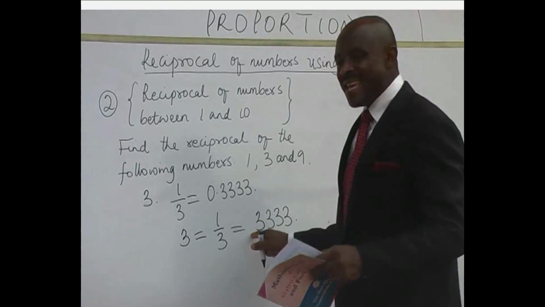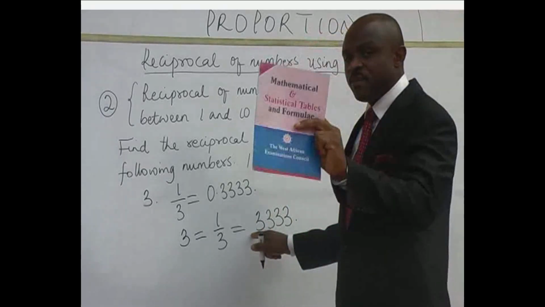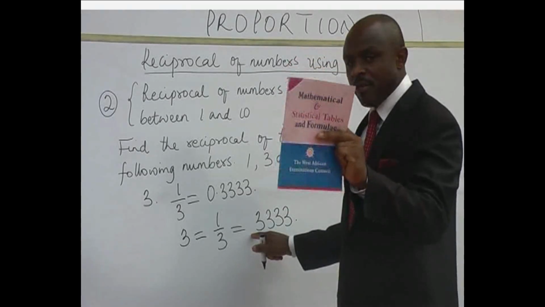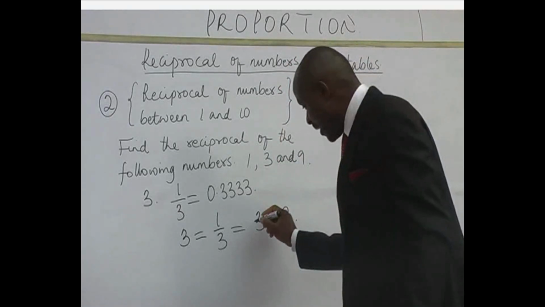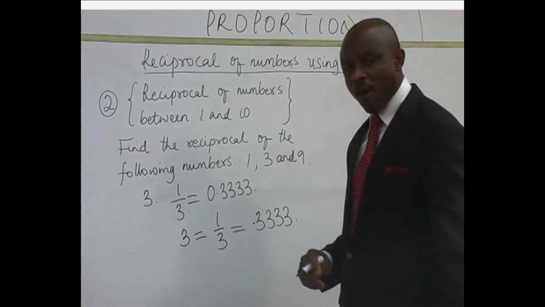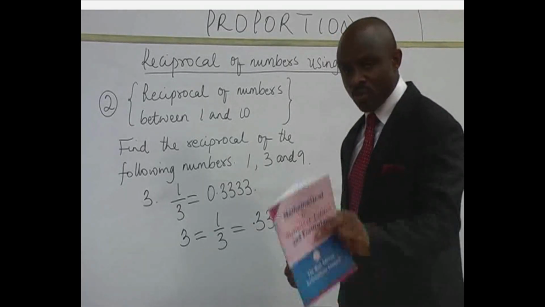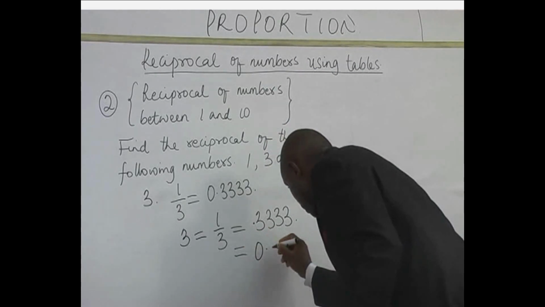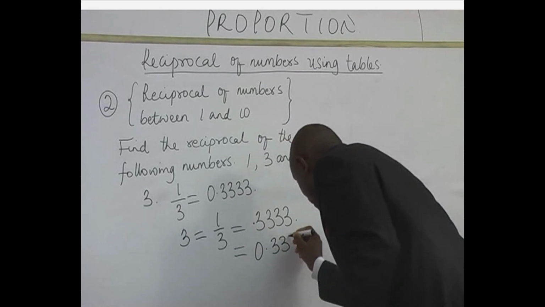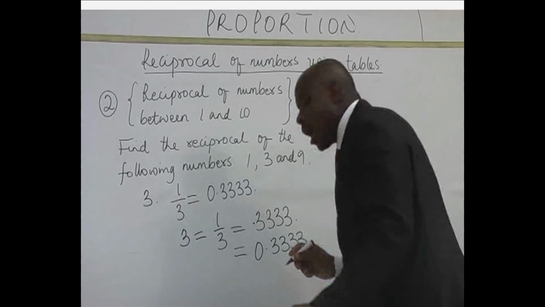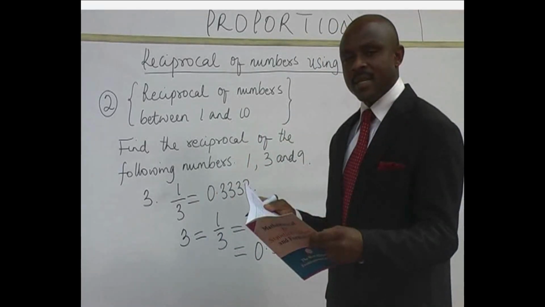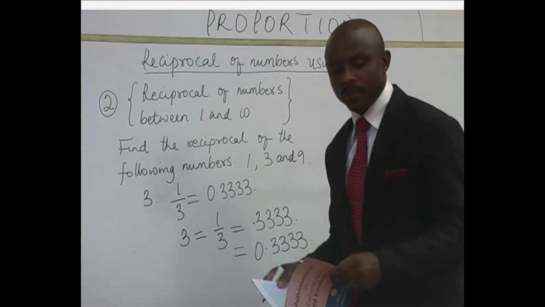Because the number is from the reciprocals of numbers in your 4-figure table, it must carry a decimal point before the other numbers you have from here. That is now giving us 0.3333.